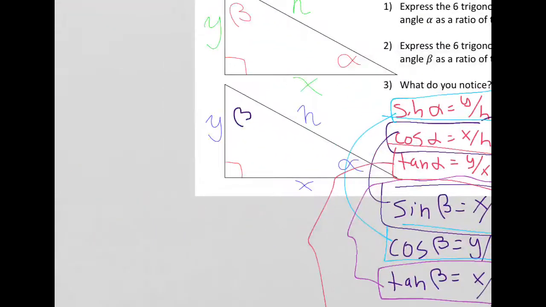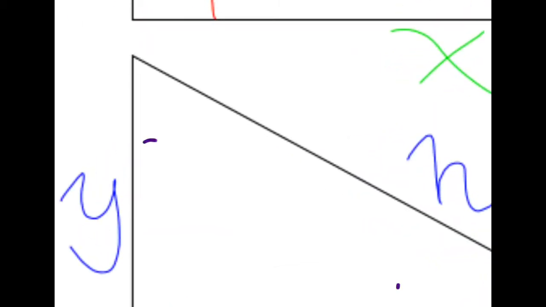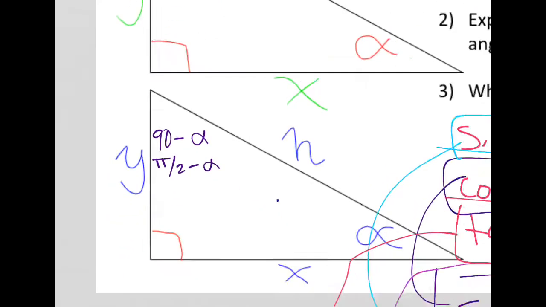What's the significance? Well, think about this other triangle here. Instead of calling this angle beta, think about the fact that we know there are 180 degrees in a triangle in total. So, if we wanted to rename this top angle up here in terms of alpha, we could call it 90 minus alpha, or equivalently in radians, pi over 2 minus alpha.